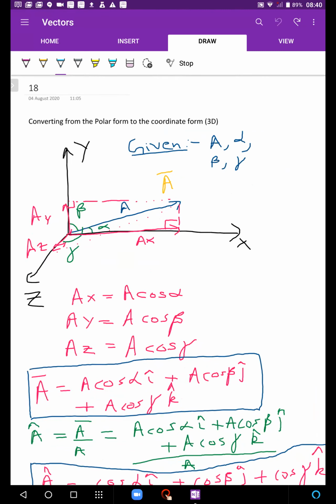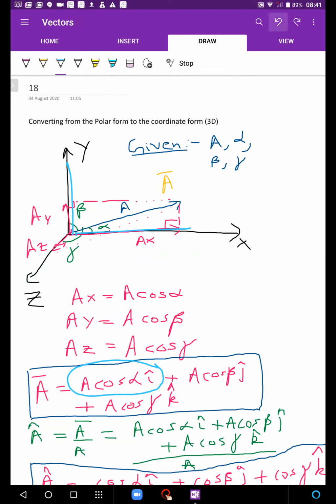The vector in coordinate form, the vector's component along the x-axis. Even if you're standing over here and the rope is coming towards you, you know that rope is in a way moving along the x, along the y, along the z, along these three axes.